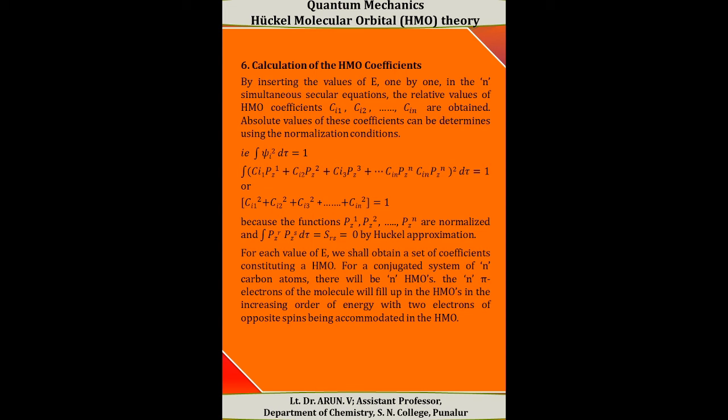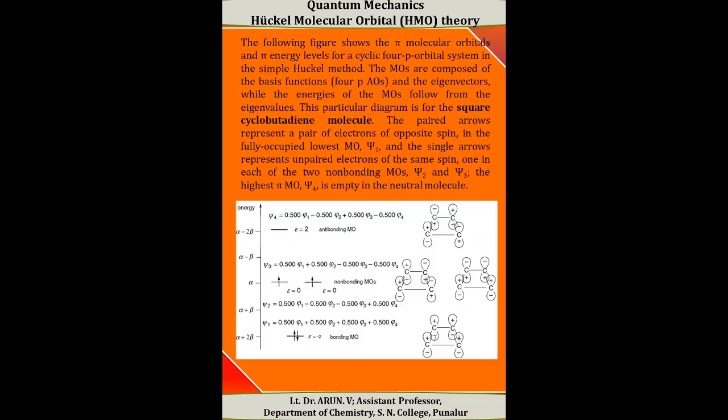For each value of E, we obtain a set of coefficients constituting a Huckel molecular orbital. For a conjugated system of n carbon atoms, there will be n Huckel molecular orbitals. The n pi electrons of a molecule will fill up the Huckel molecular orbitals in increasing order of energy, with 2 electrons of opposite spin being accommodated in each Huckel molecular orbital.